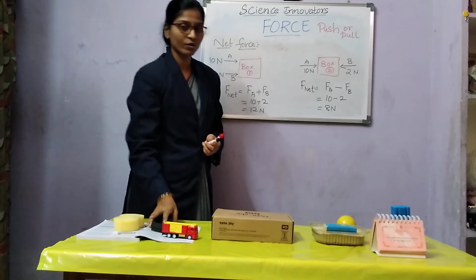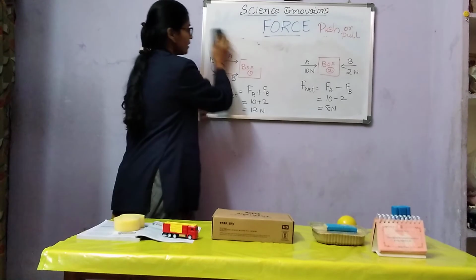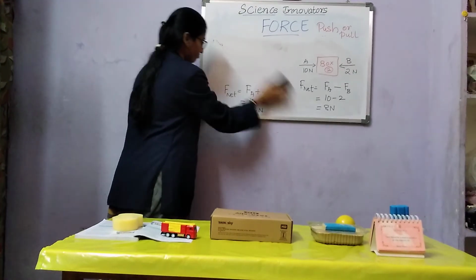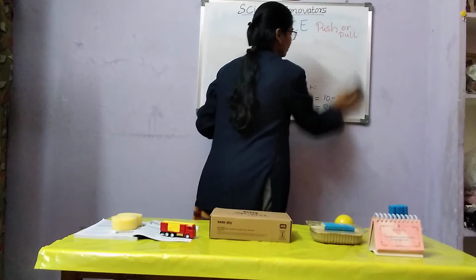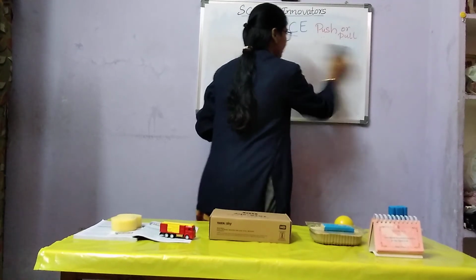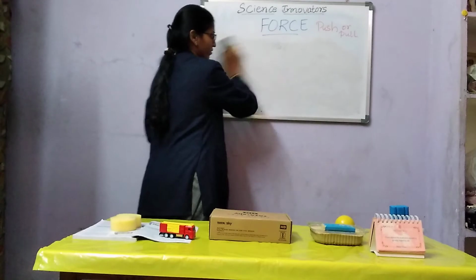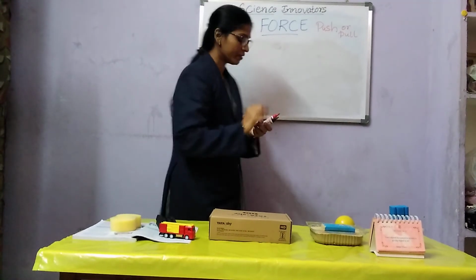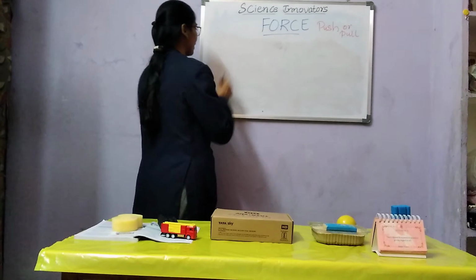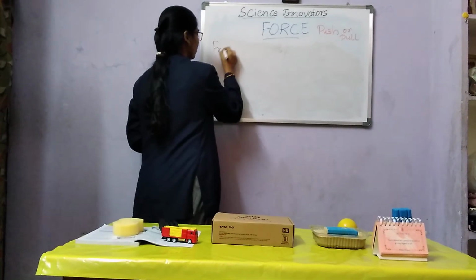Next, we move on to the next topic, the free body diagram. What is a free body diagram? Any object or body, whether at rest or in motion, has many different types of forces acting on it.